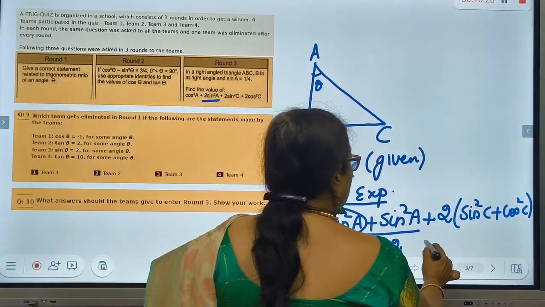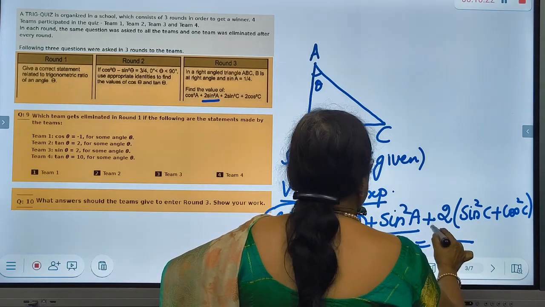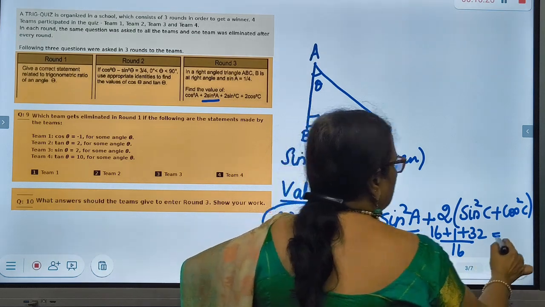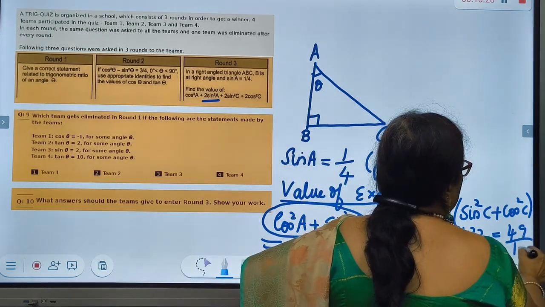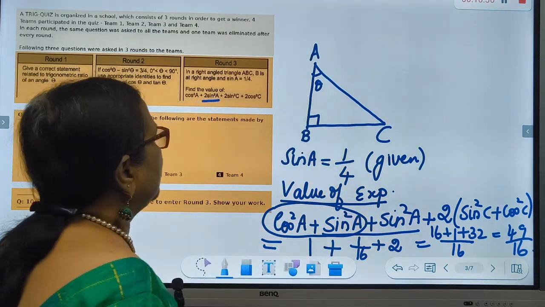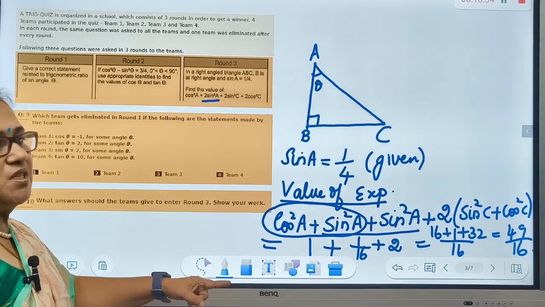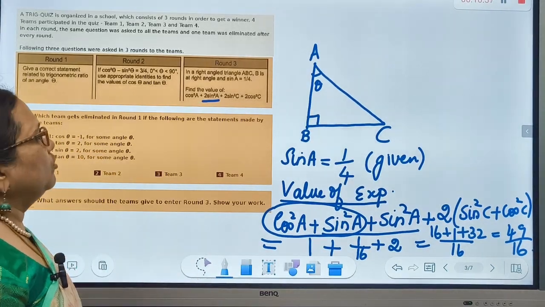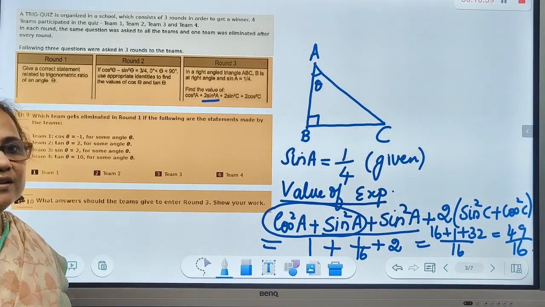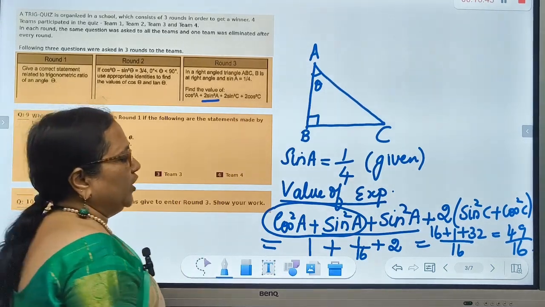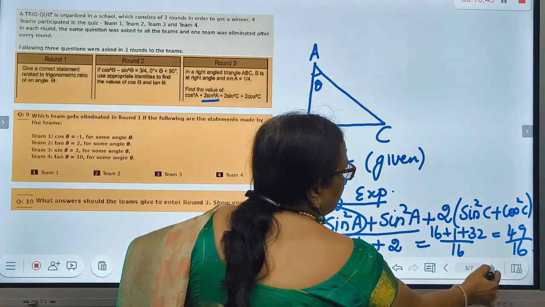So this gives you 16 plus 1 plus 32, that is 49 by 16. So the value of the expression is 49 by 16. Whoever gets 49 by 16 will qualify in round 3. So is it clear? Actually the calculations are very simple, but you need to understand the underlying concept.